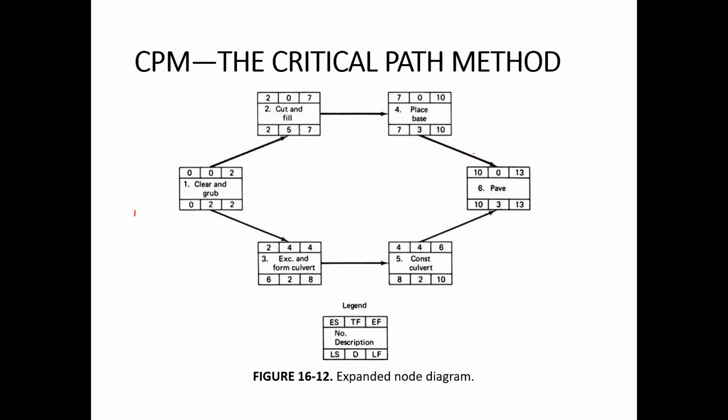But here we should be careful. Before writing the final answer as 10, we should check the other path as well. So it will be 0 plus 2 is 2, 2 plus 2 is 4, 4 plus 2 is 6. So from this path it will be 6. From the upper path it will be 10. So we will take the highest value as 10, and then 10 plus 3 is 13.